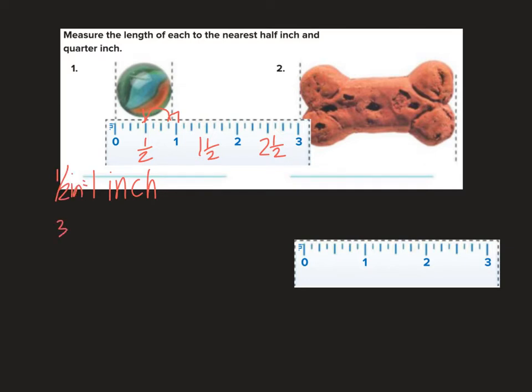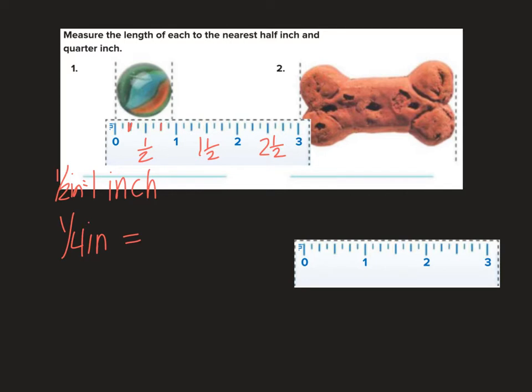And then if we wanted to do to the nearest 1/4 inch, that would be 1/4. Now we're going to be looking at this line right here and this line right here. Those are our 1/4 inch lines.